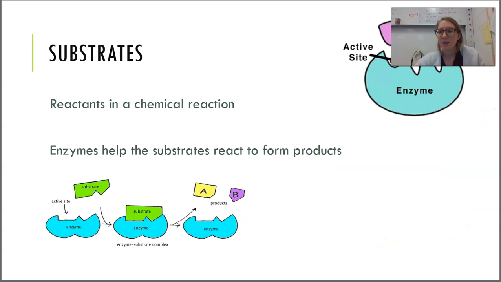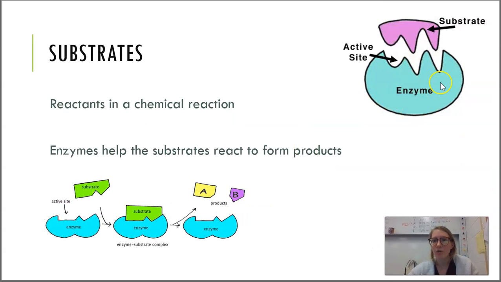Again, enzymes are a type of protein that are folded all over in a certain way. Basically, the way they work is they make a landing site for whatever products need to get together or whatever products need to split up. We call that the active site of the enzyme.